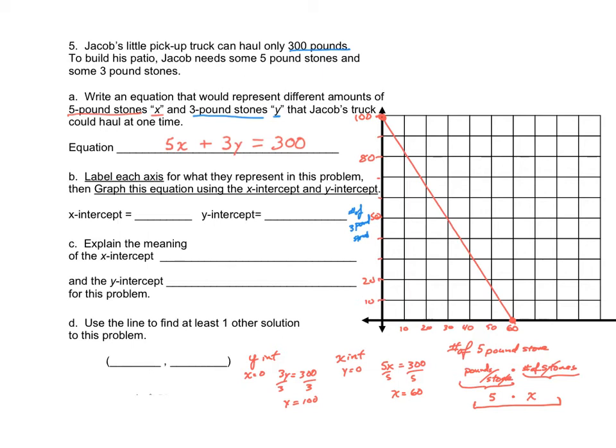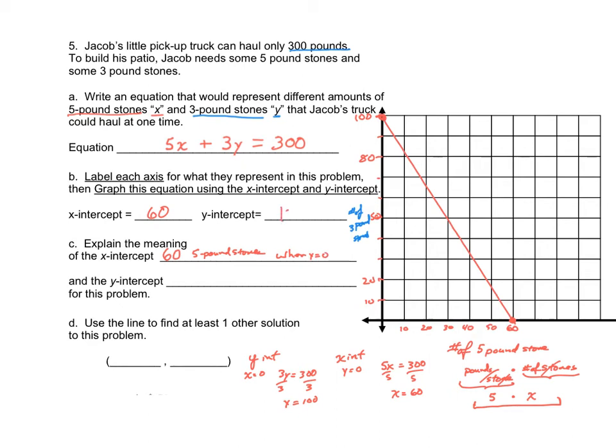Just takes practice. All right, so my x-intercept, remember, was 60. What was it? I could buy 60 5-pound stones if I purchased 0 3-pound stones when y equals 0. What was my y-intercept?